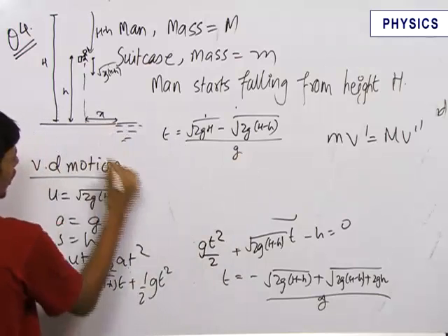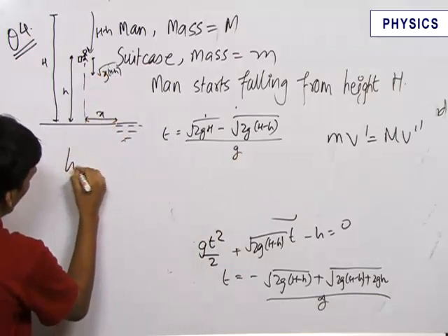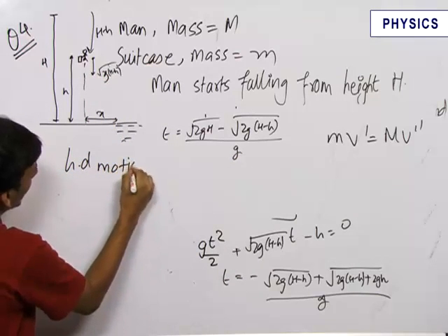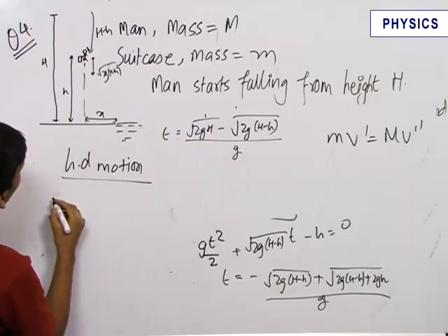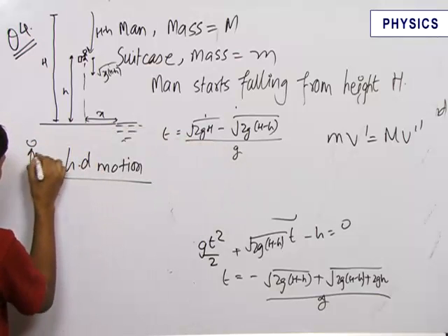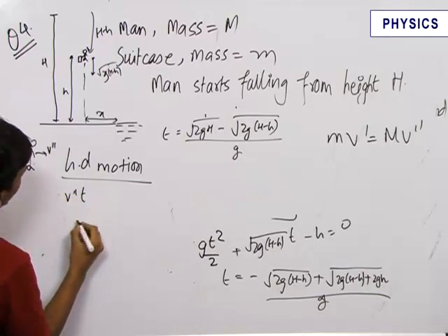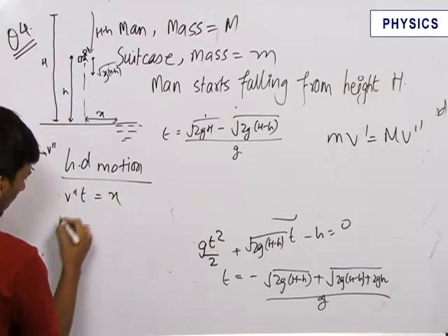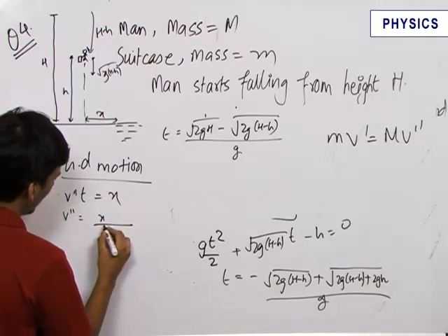Now for the horizontal direction motion of the man, we need to cover this x displacement in this time t. Therefore his velocity on the right side was v''. Therefore v'' into t equals x. Therefore v'' is equal to x upon t.